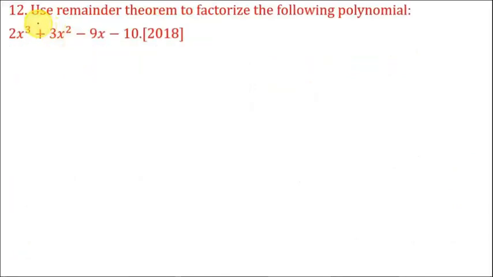Next problem. Use the remainder theorem to factorize the following polynomial: 2x cube plus 3x square minus 9x minus 10. Again the factors of 10 are plus or minus 1, plus or minus 2, plus or minus 5, and plus or minus 10.